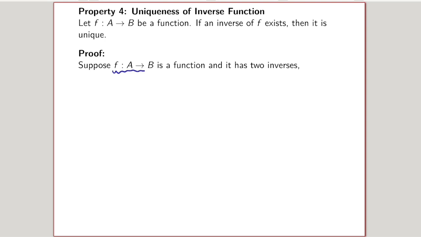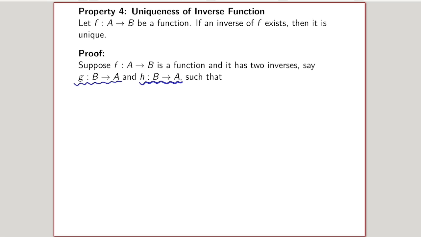Suppose f from A to B. This function has two inverse functions. I am going to name the first inverse function g and the second inverse function h. So g from B to A and h from B to A are two inverses for this function f.